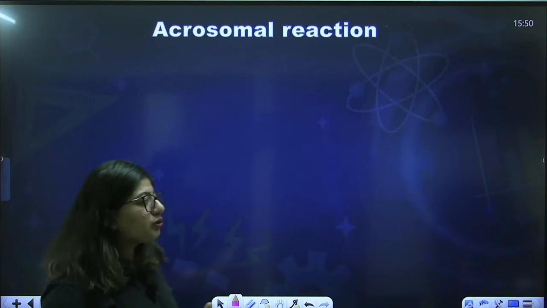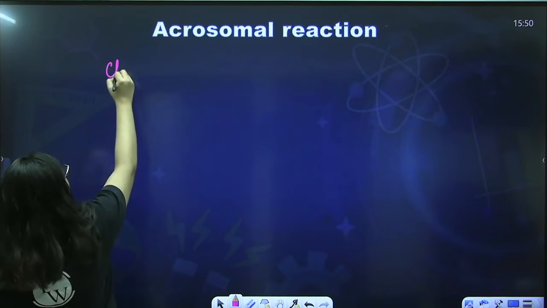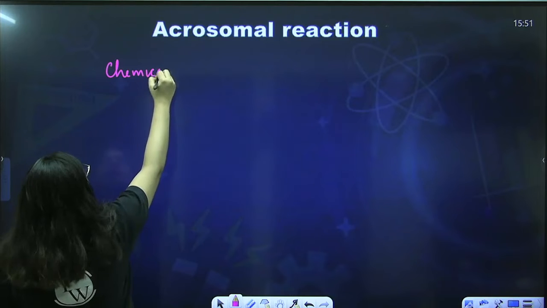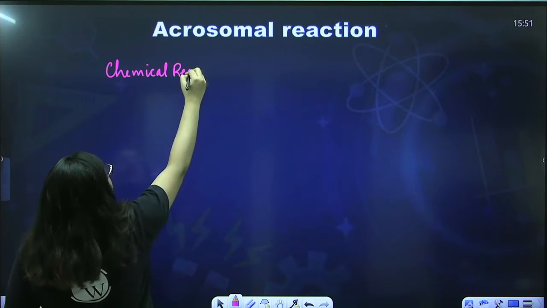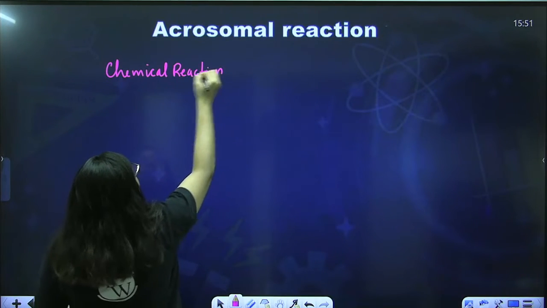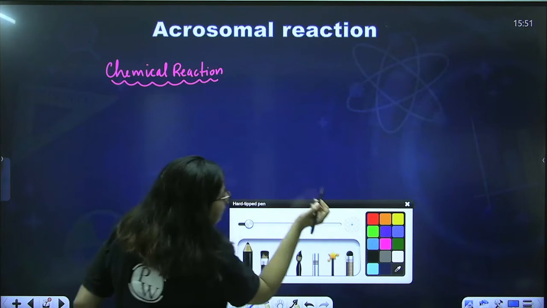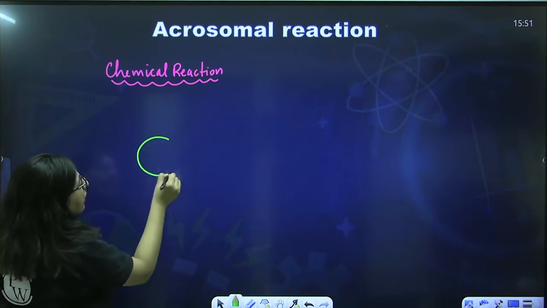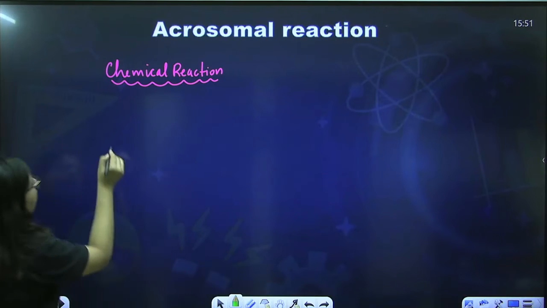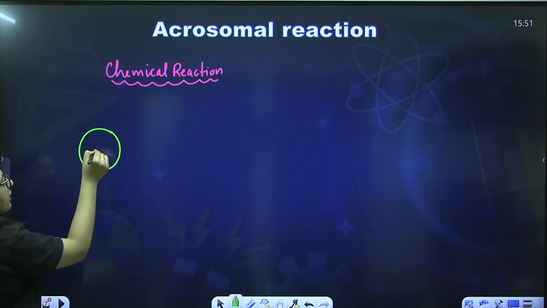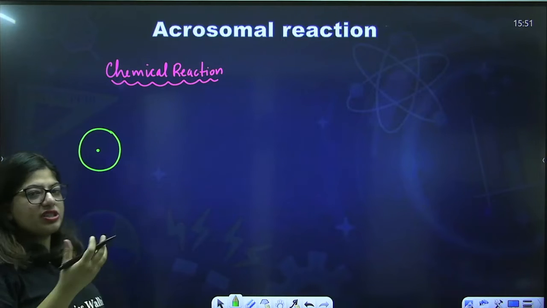So first we are going to talk about the chemical reaction known as the acrosomal reaction that takes place before fertilization, right? Now the oocyte that has been released looks like this. The oocyte that is released from the ovary is not just a single cell.